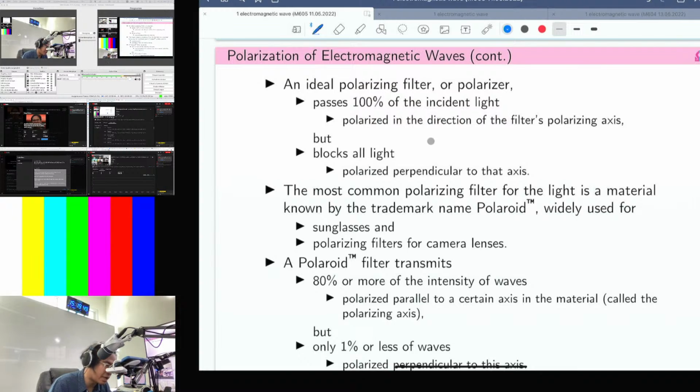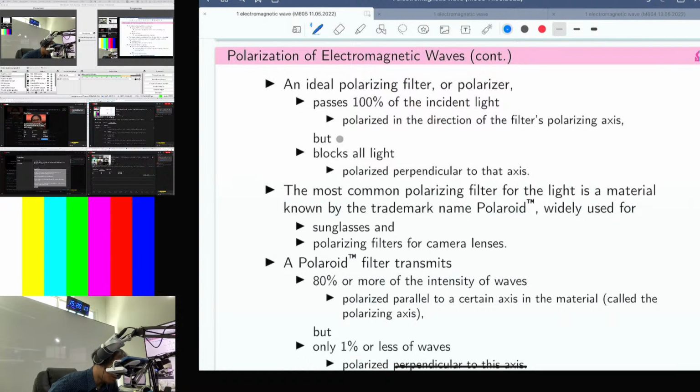If the polarizing axis is vertical, any wave that has a vertical polarizing axis will go through 100%, without any energy loss in the ideal polarizing filter. But it's not the case in reality, because once you mix in some material, that material will absorb some energy.